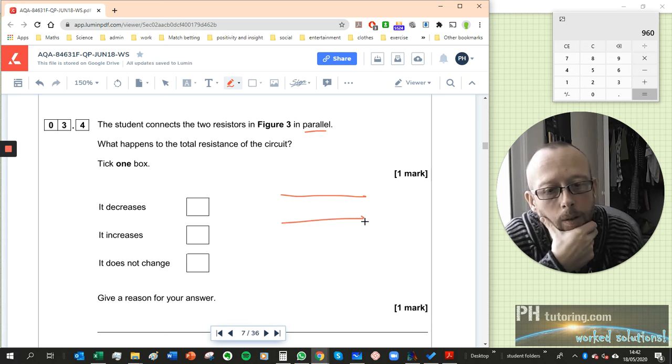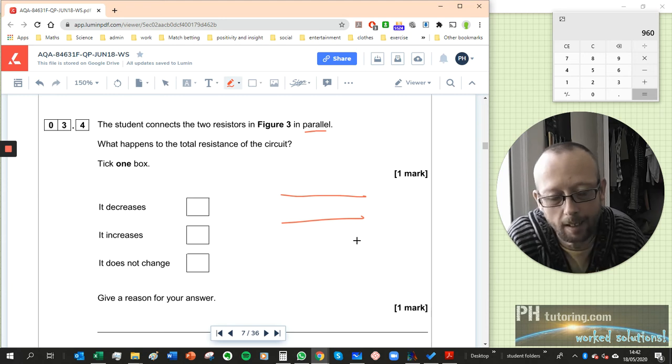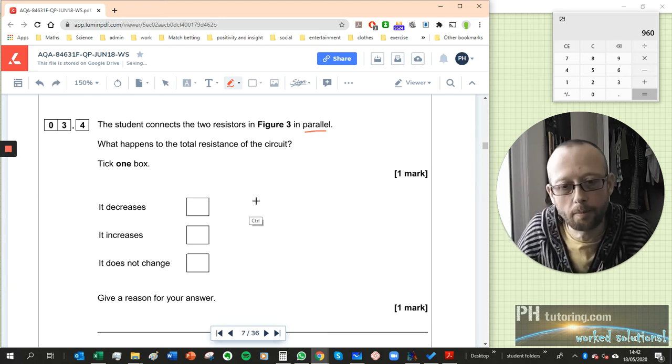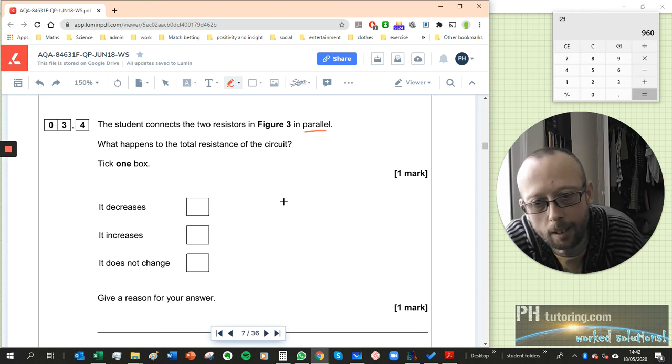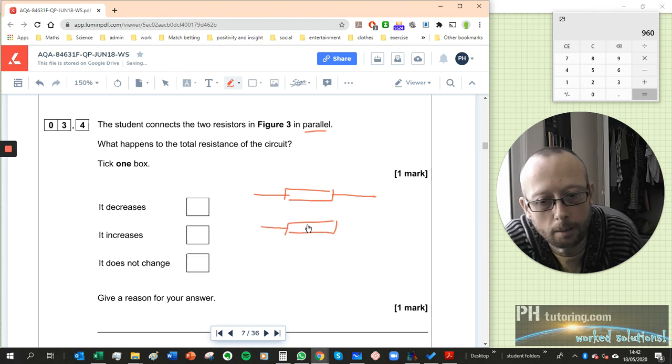That gives you a clue, and it is possible to do a parallel circuit that doesn't have parallel lines, but they probably won't catch you out with something like that. We've got a resistor, and there's another resistor in parallel, right? So we put the wires in as well. We're probably going to see a circuit that looks a bit like this. There are 2 resistors. We can see they're in parallel.